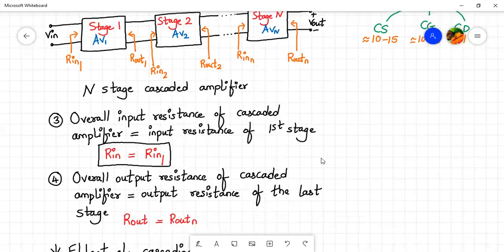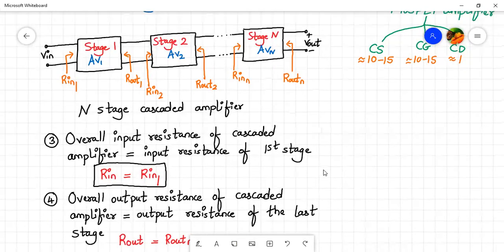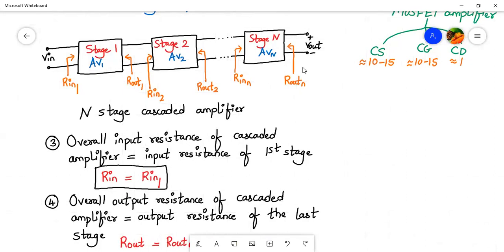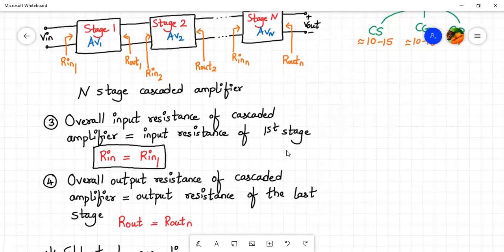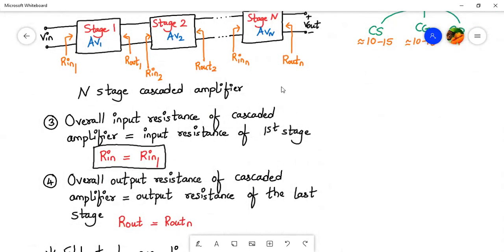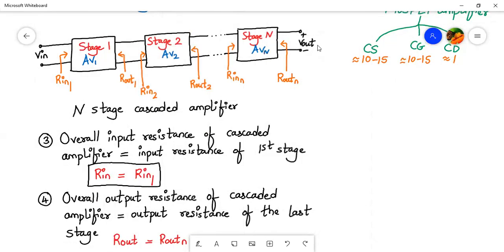Now next, if I want to find the output resistance of a cascaded stage, the overall output resistance of a cascaded amplifier is equal to the output resistance of the last stage. So your Rout overall will be equal to the Rout of the last stage, and here the last stage is the Nth stage.